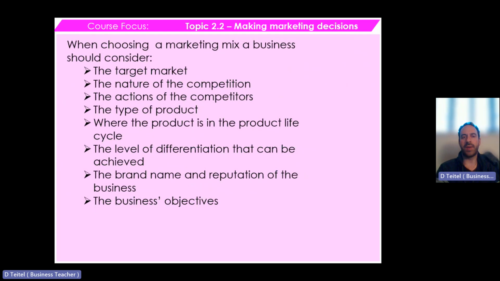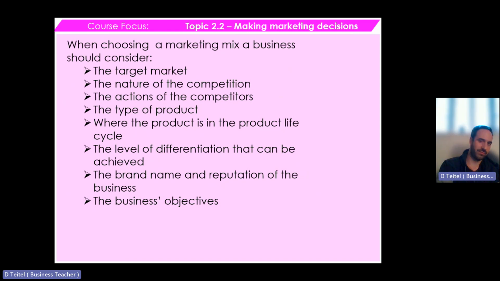So we need to be thinking about, obviously, who you are trying to attract and who else is trying to attract those same customers. So trying to look at what's happening in that space of the market, what your product is. Do you have a USP? Do you have a competitive advantage? And where is the product in its life cycle? So are you going to need to discount it, obviously, to extend its life cycle?